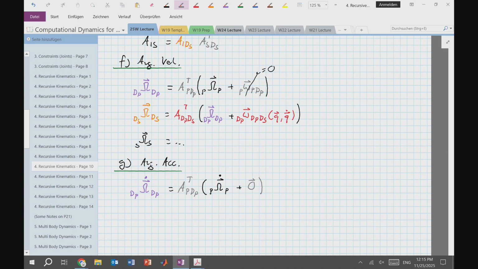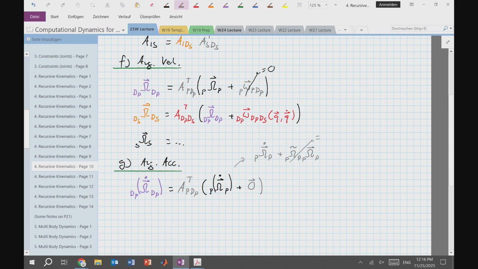Shouldn't I mean this? And I mean, in your defense, what I wrote was not wrong, because if I would expand this here, I would get omega p dot in sort of the numerical derivative, so omega p in p coordinates dot, plus now the transport theorem, which is omega tilde in p times omega in p coordinates.